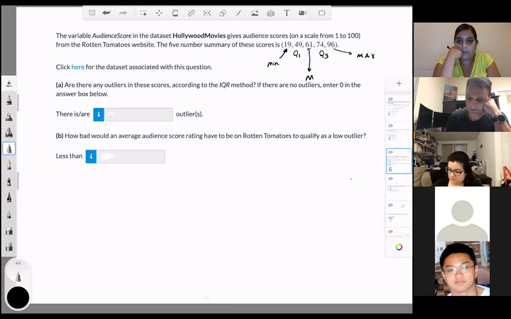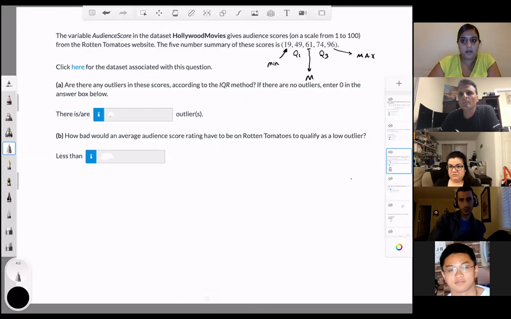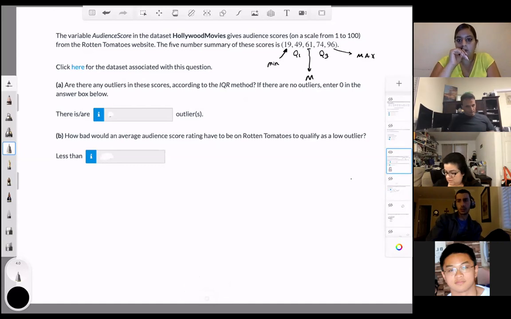Are there any outliers? Do we have any outlier here? Is it 96? Very good. You picked the highest one, which is the maximum. Would it be 19? You got the lowest. You're thinking about an outlier all the way at the beginning or all the way at the end. But you're wrong. Now you're going to remember.